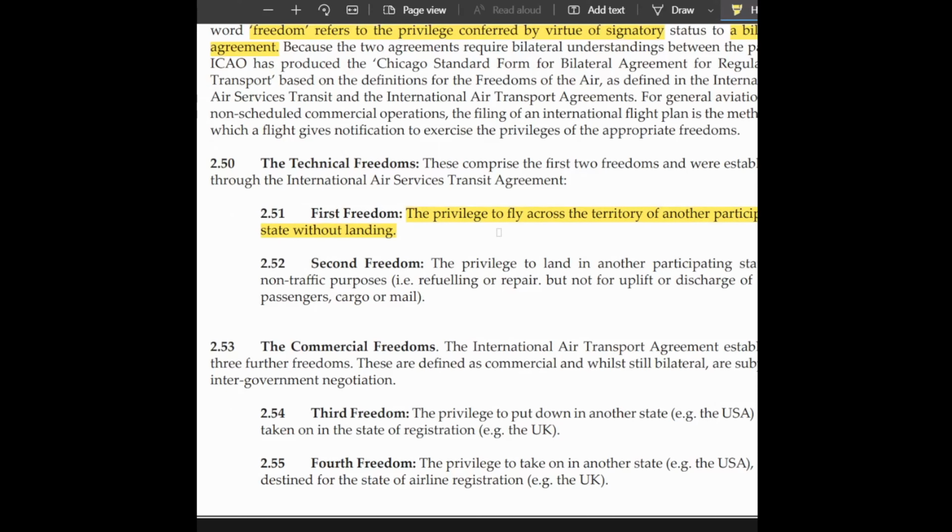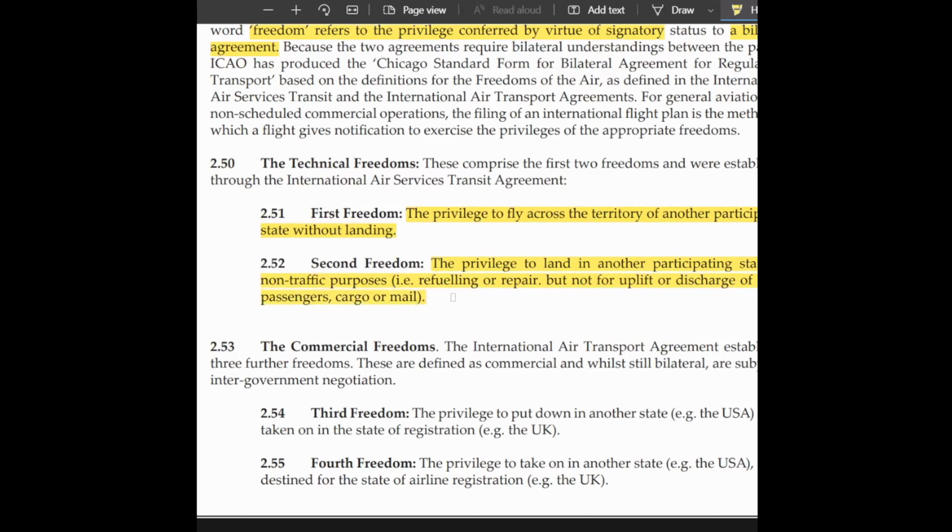Those two are totally different things. Entering means if China wants to land on India's land, India needs to give permission first. I'll get back to that. Now, the second freedom is the privilege to land in a participating state for non-traffic purposes.